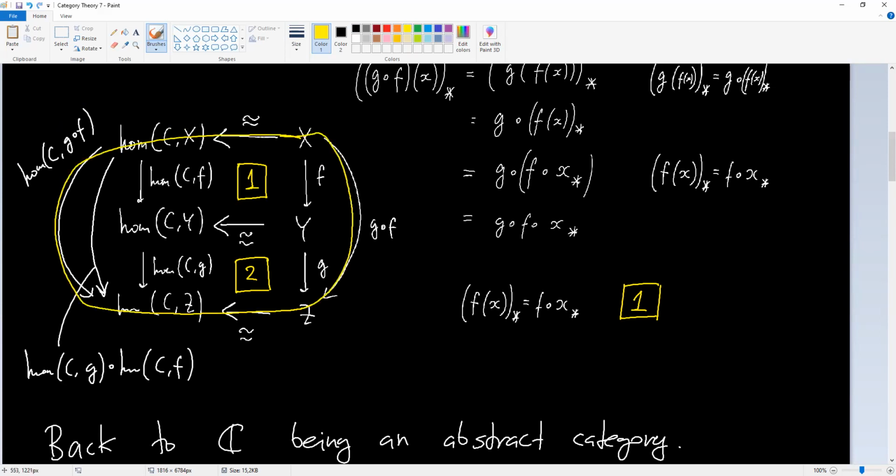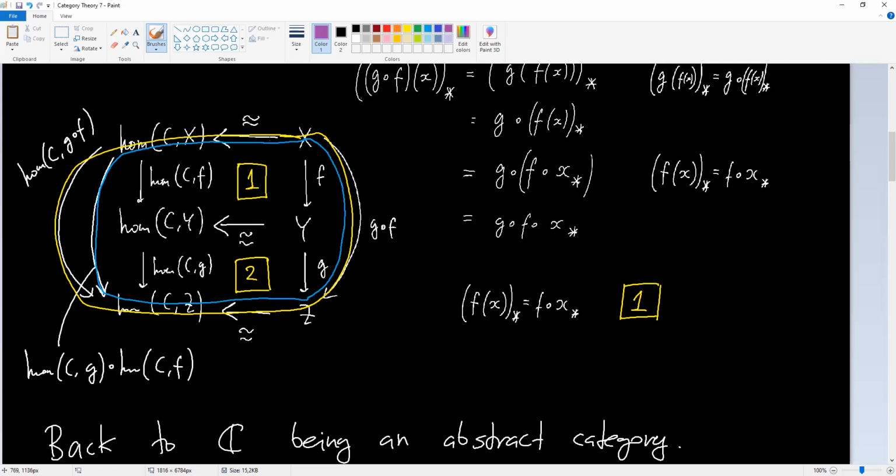It's the same thing as 1 commutes, but now applied for g f. So now we have two diagrams commuting, the yellow one and the blue one, right? Brandon, are you happy with that? Yes, I'm happy.